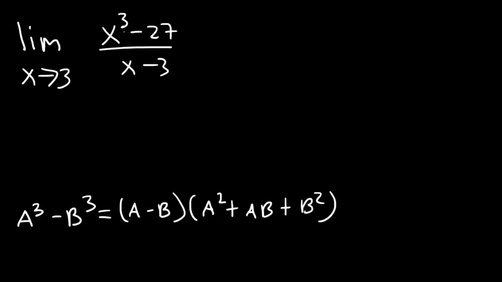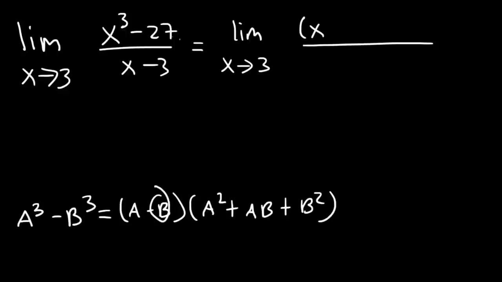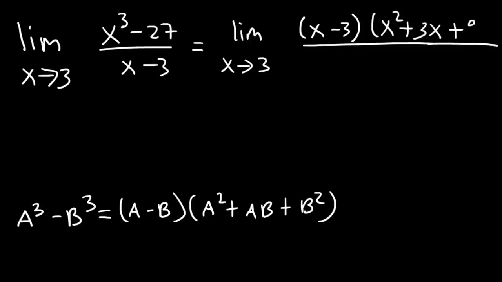So in our example, a to the third is like x to the third, and b to the third is 27. So a is the cube root of x cubed, which is x, and b is the cube root of 27, which is 3. So this is going to be x minus 3, and then a squared, that's x squared, and then plus ab, so that's 3 times x, and then plus b squared, or 3 squared, which is 9.